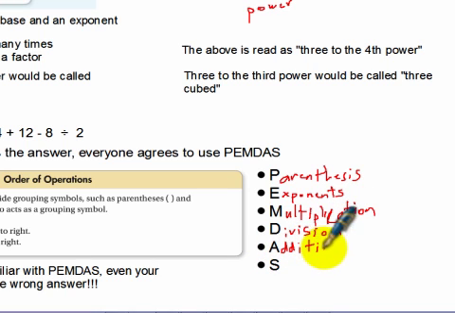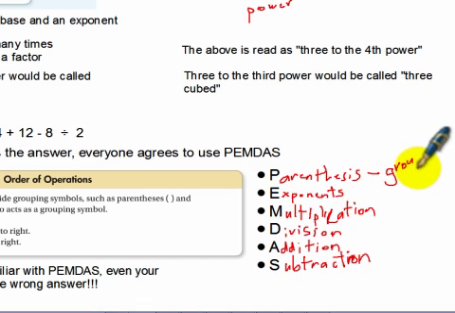Now a couple things I need to say about this. First of all, when I say parentheses, it could actually be any type of grouping symbol, not just parentheses. There are other grouping symbols, which I will point out to you as we get to them.